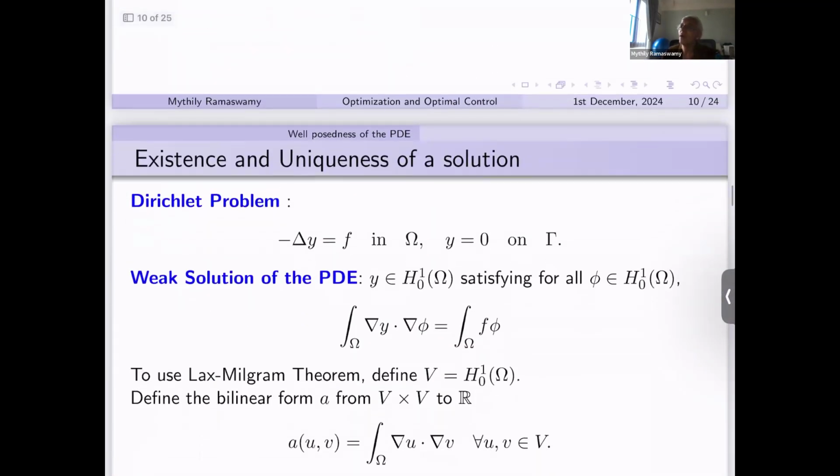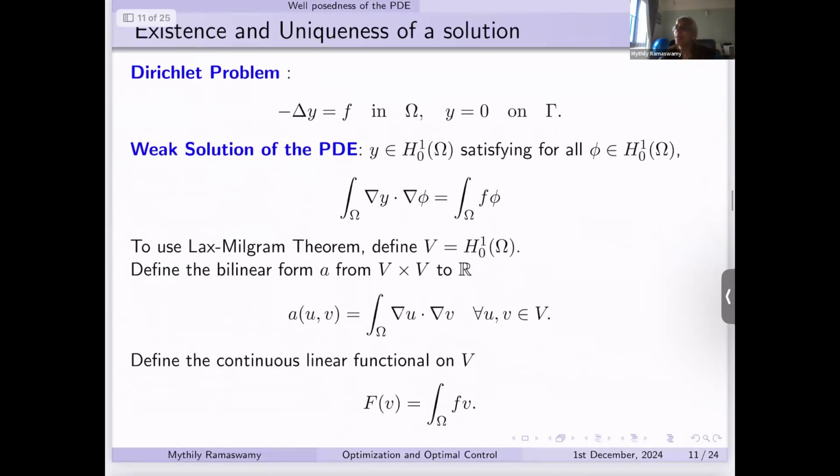Okay, so let us start with the Dirichlet problem. I suppose everyone remembers what the Laplacian is.